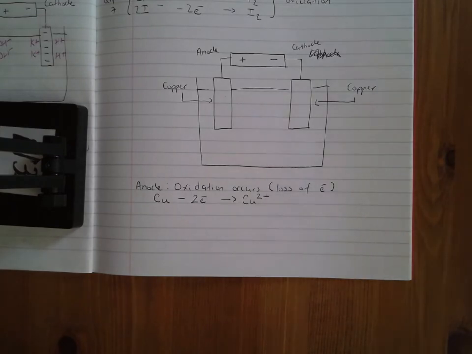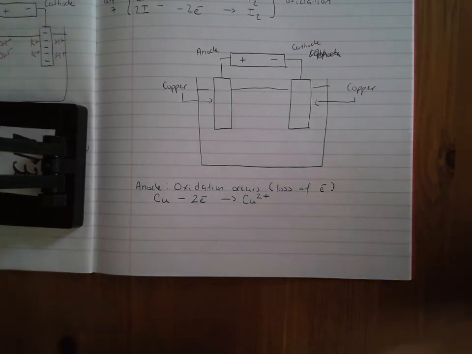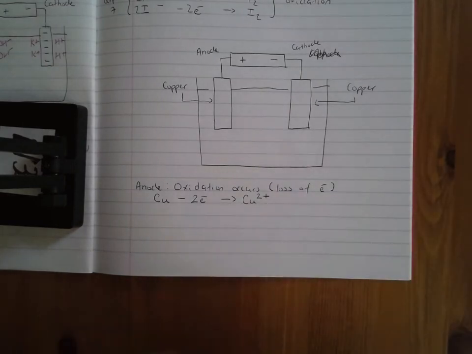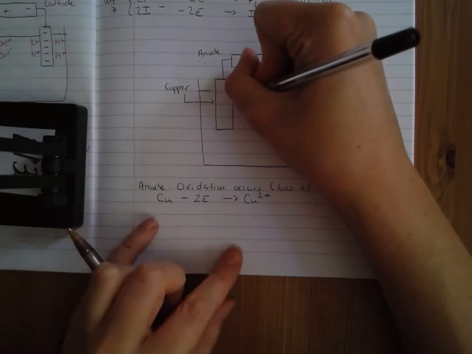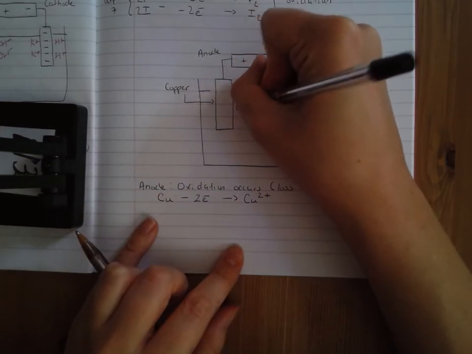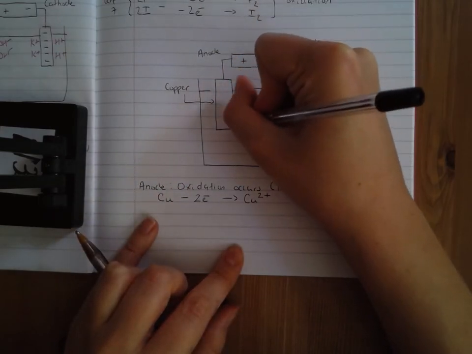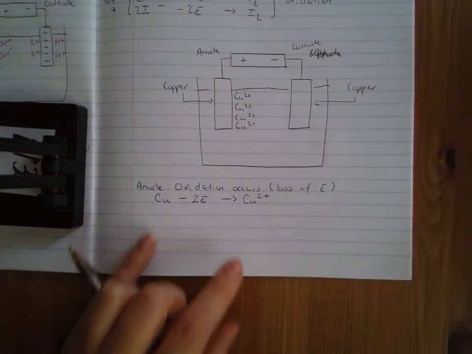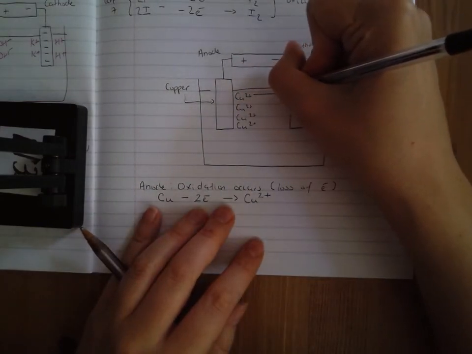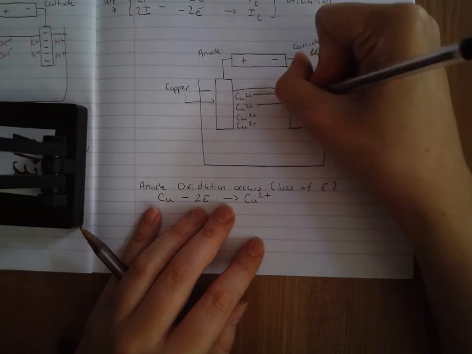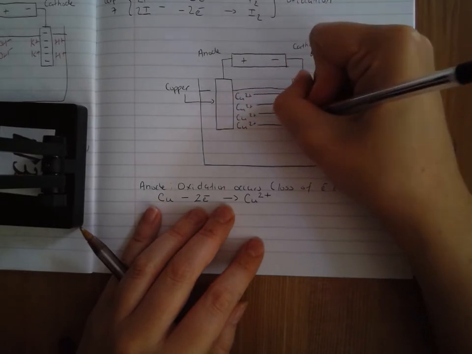Now once you have made your Cu2+ ions, what exactly is going to happen to them? Okay, you're making all of this Cu2+. So the Cu2+ is being made at the anode. And when you make that Cu2+, all of those Cu2+ ions are going to be attracted to the negative cathode.